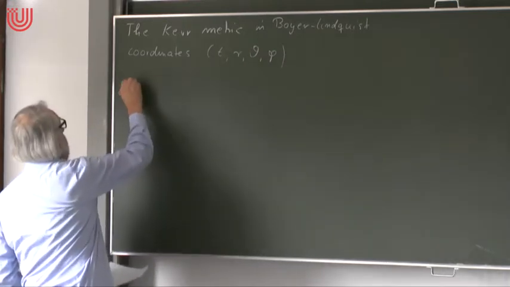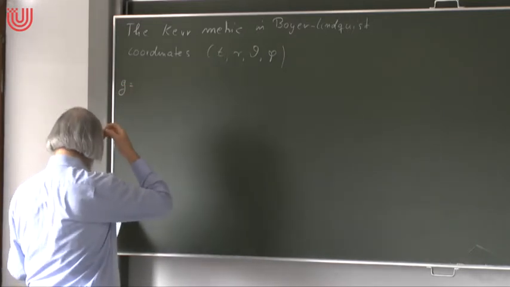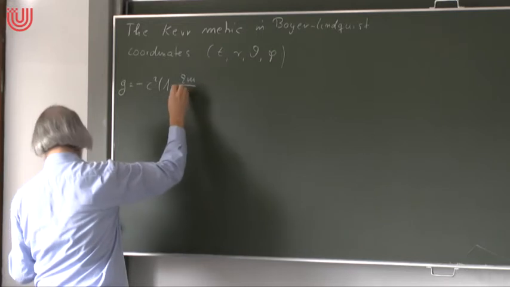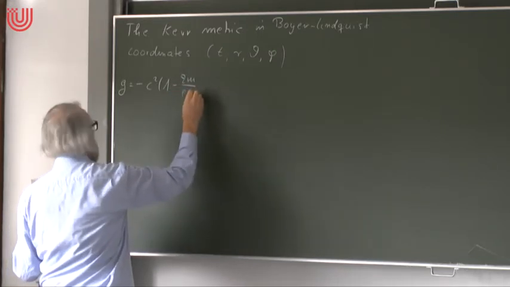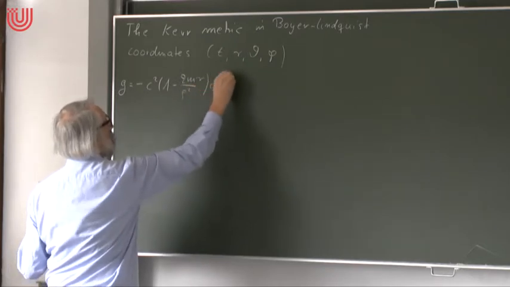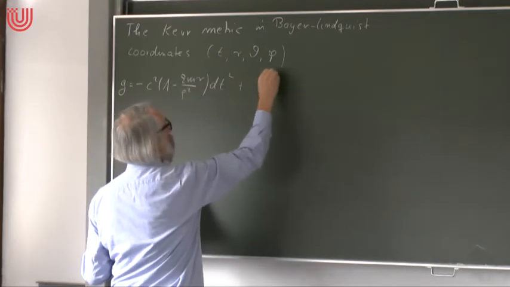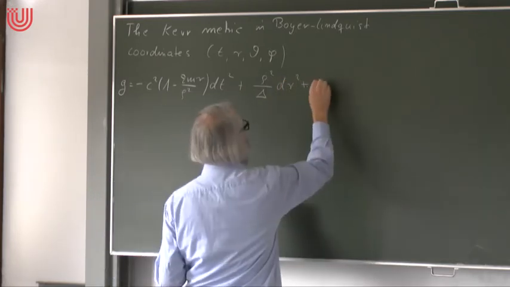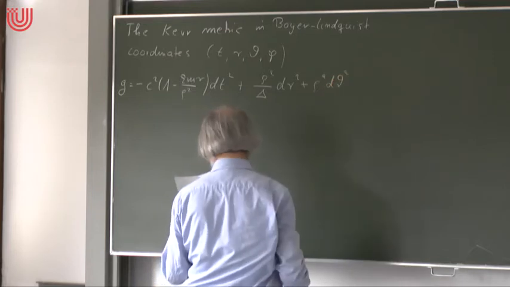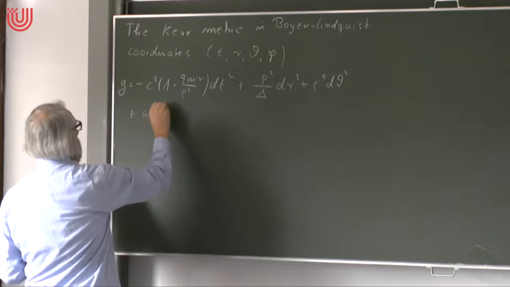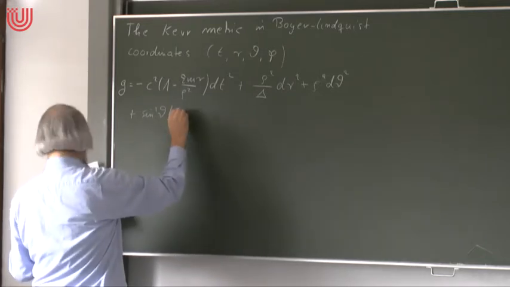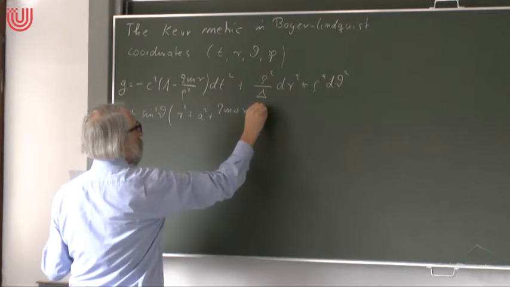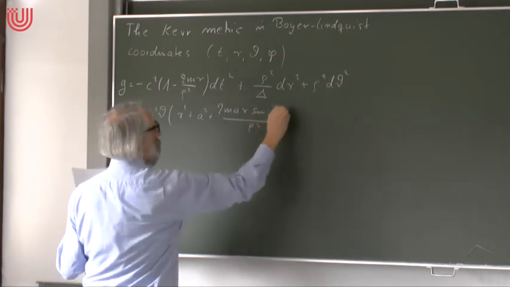Okay, and the metric reads like that. There are a few abbreviations, which I will explain in a minute. 1 minus 2mr over rho squared dt squared, plus rho squared over delta dr squared, plus rho squared d theta squared, plus sine squared theta times the bracket r squared plus a squared plus 2mar sine squared theta over rho squared, d phi squared.